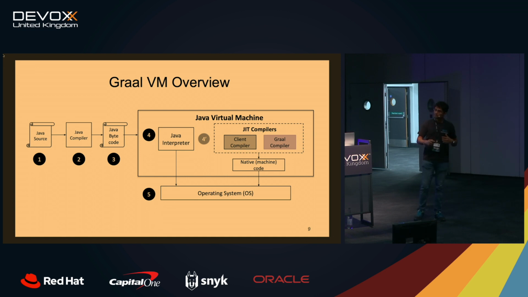Depending on how often your method is called, the JVM decides to compile it using one compiler or the other. This approach of the JVM is called the tiered compilation approach. So depending on how often you have called the method, it will be compiled with either the client or server compiler, or in this case, the Graal compiler.